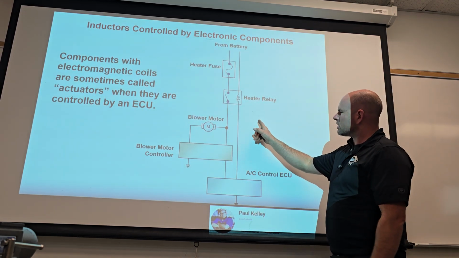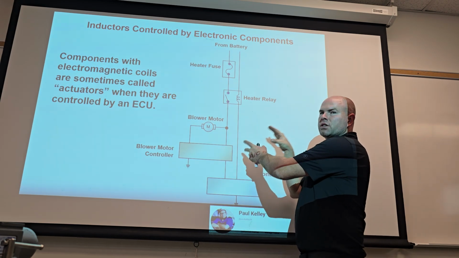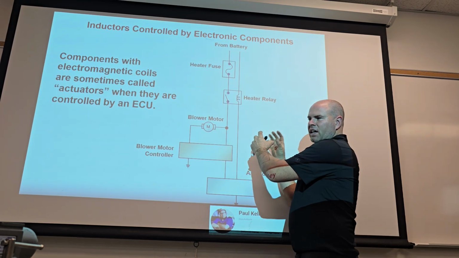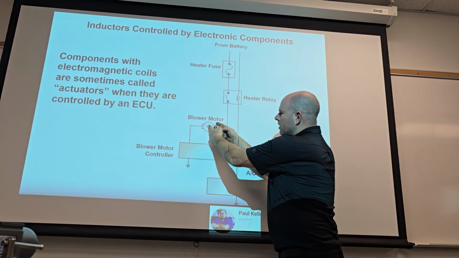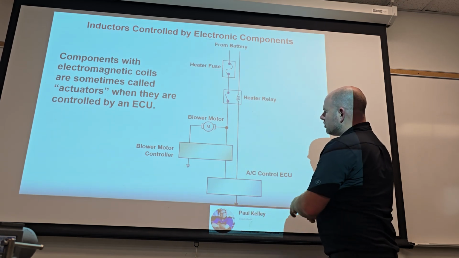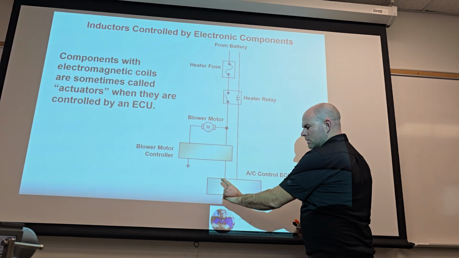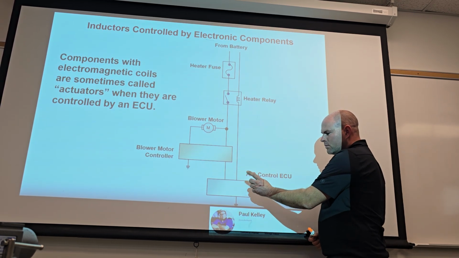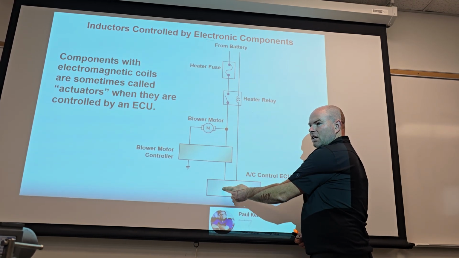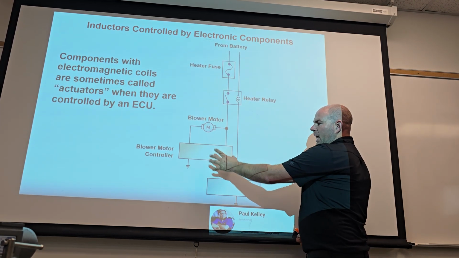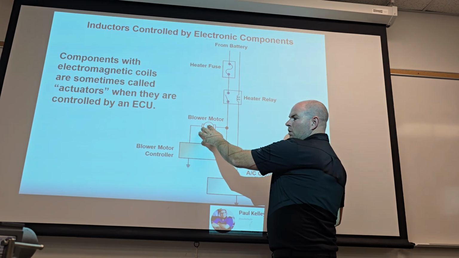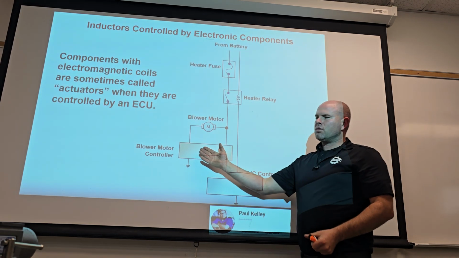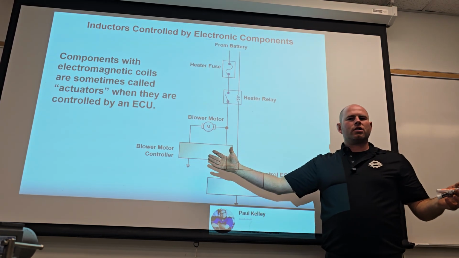It's hard if you're touching a little mini electronic touch screen that doesn't have strong enough circuits to run a motor. So a lot of times we may have an AC control ECU where you're touching this. This is sending a communication signal, and this is going to control the blower motor. It's probably going to use some sort of transistors.